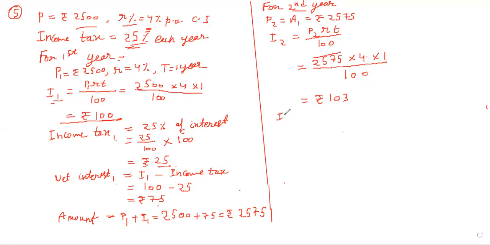Now income tax will be deducted on this income. The income of the second year is only rupees 103. 25% of 103 is rupees 25.75.